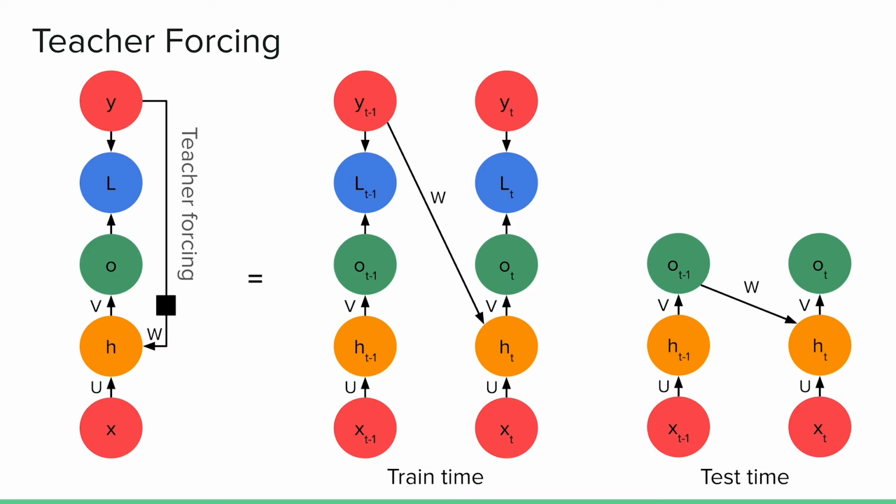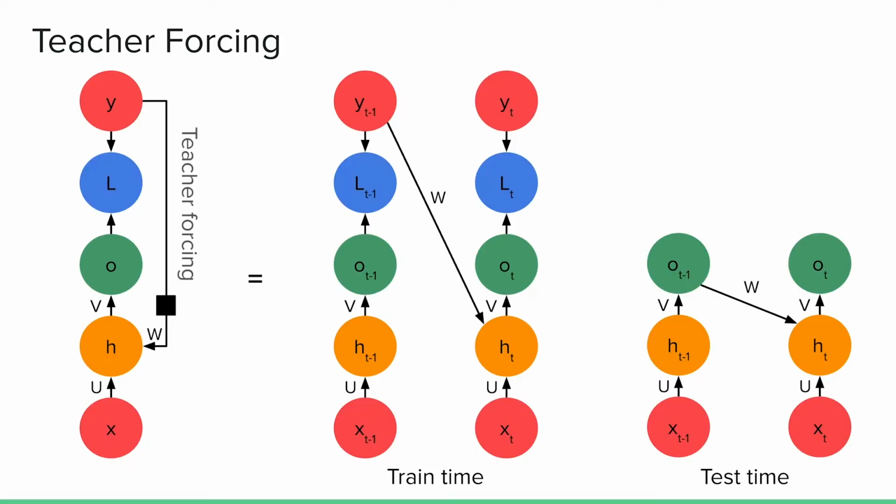So instead of training on the output from O here, we can actually feed back the target. We can just pretend that our network predicted the right thing, O, which is Y, and we feed that back into our hidden neurons. So during training time, we take the targets, and for test time, obviously, we switch back to our actual output.